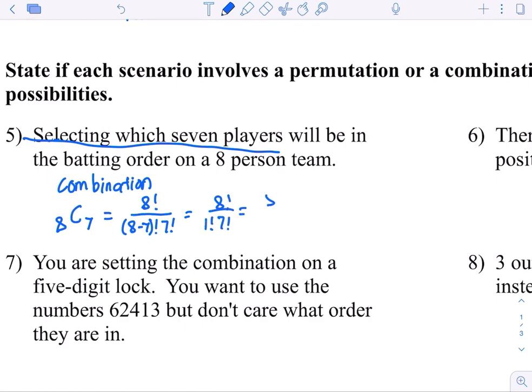We make that 8 times 7 factorial all over 1 factorial, which is 1, and 7 factorial. These are going to cancel. So all we're left with is 8. 8 possibilities.